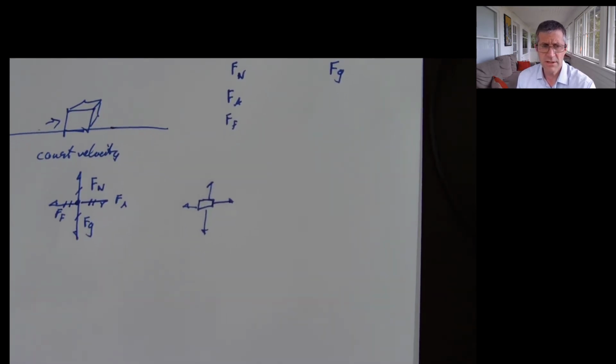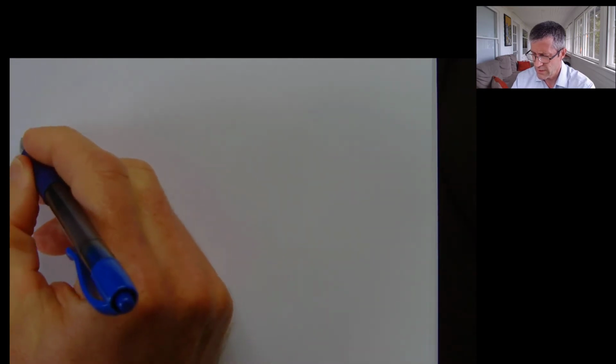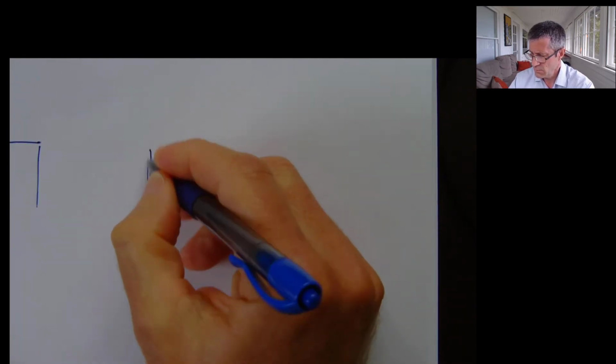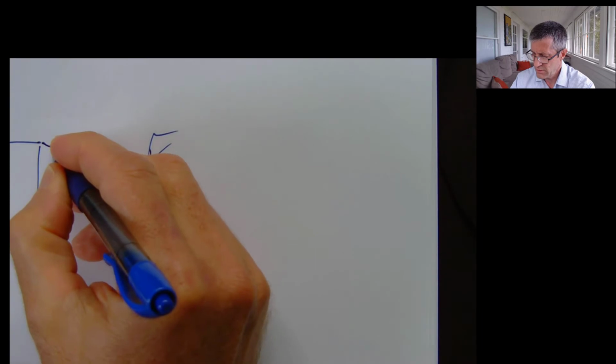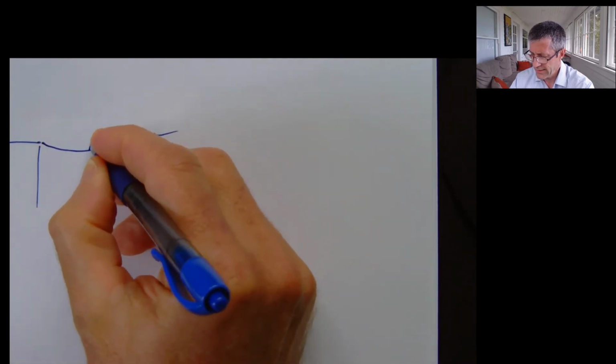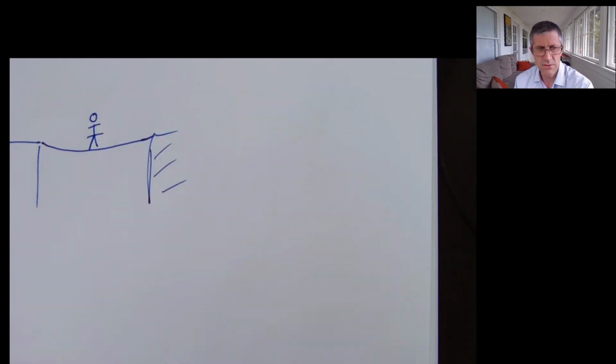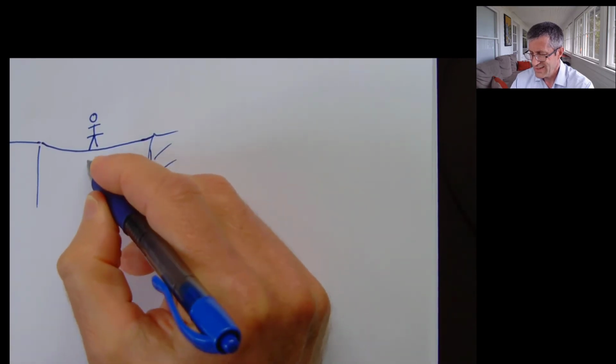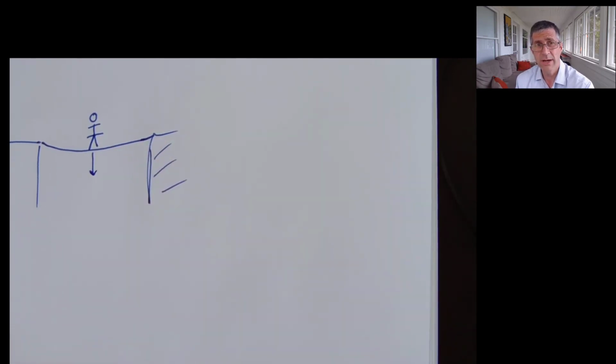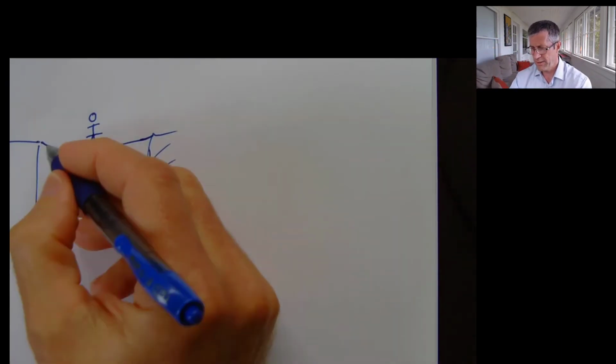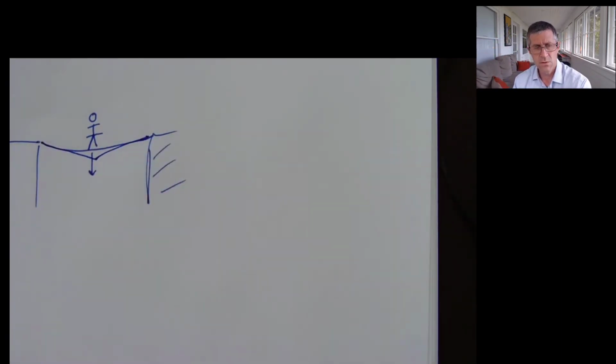Let me talk for just a minute about the normal force. Suppose I have 2 solid walls, and I suspend a string in here, and then I have a guy that stands here, right? So he's standing in the middle of the string. He has gravity pulling him down, and conceptually you get the idea that the string is bending, and the string is providing that force that's pushing him upwards.